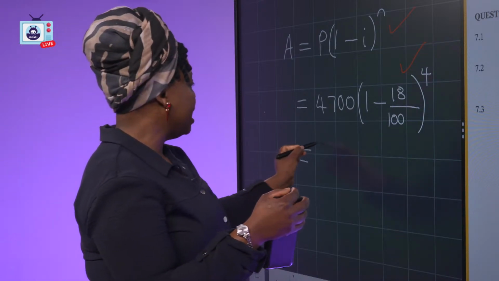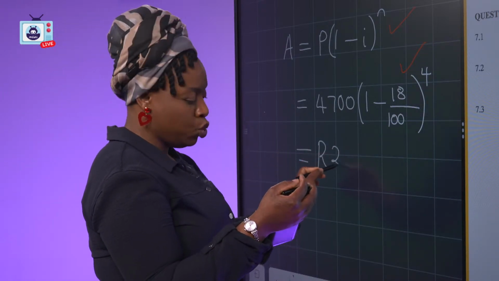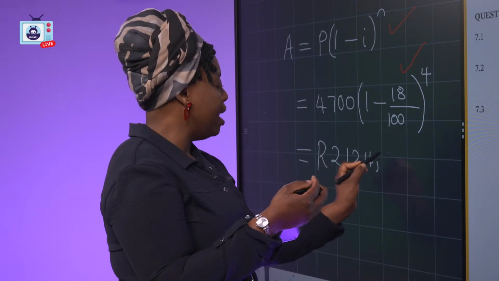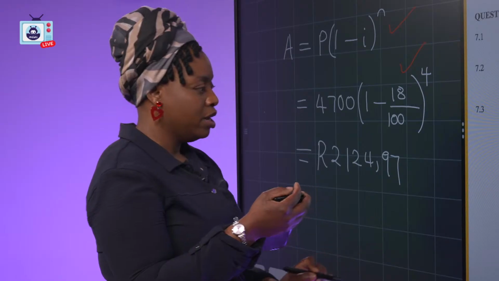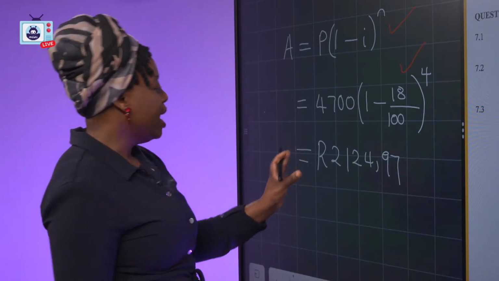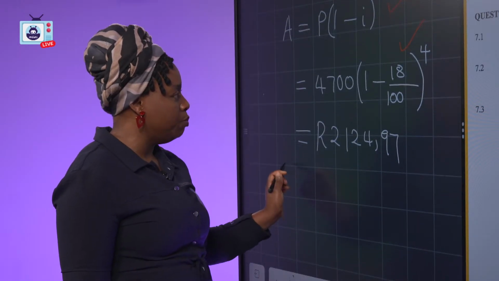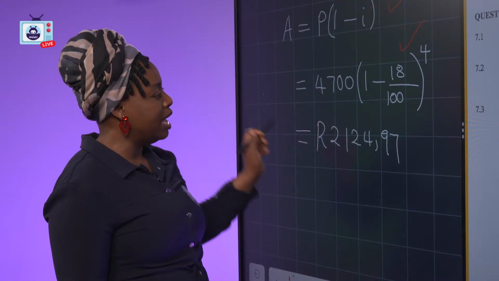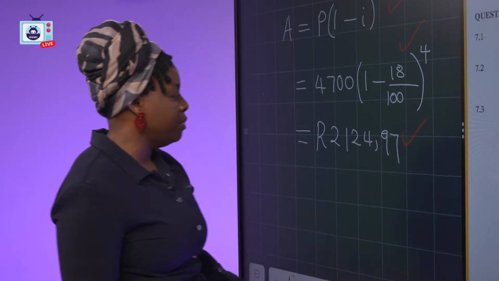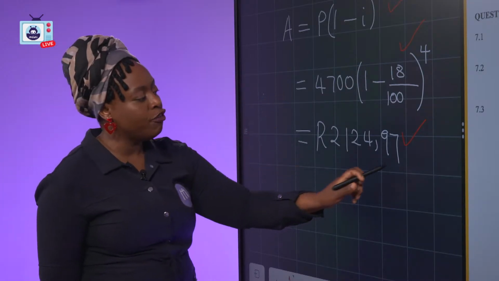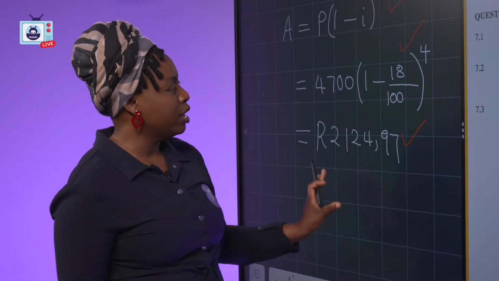And that gives us a total amount of 2,124.97. Right. So that is how you would have responded to this question, and that's how the answer will be. And this is also 3 marks, so the marks will have been given in this format. For as long as you did it properly, you'll be able to find your decimal in the proper way as well.